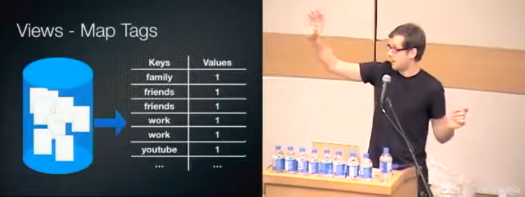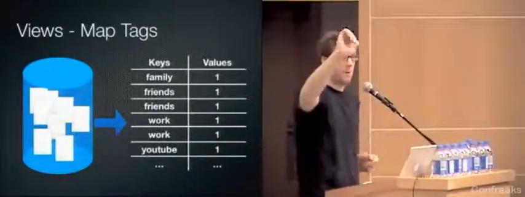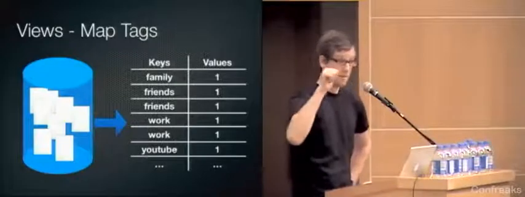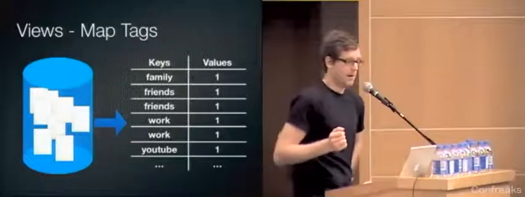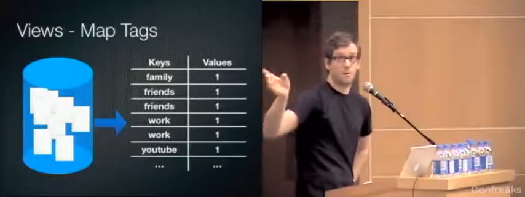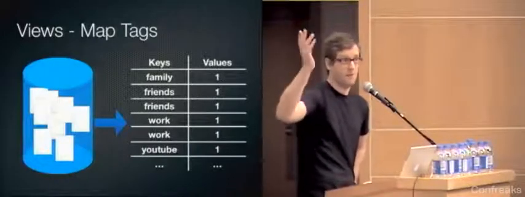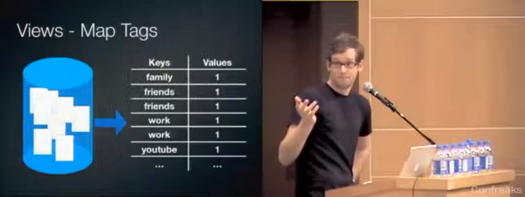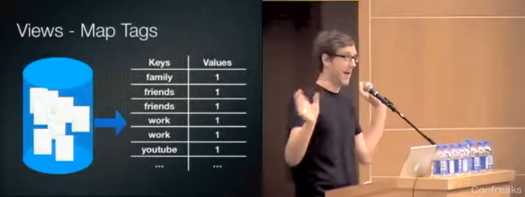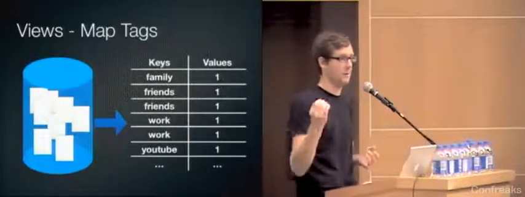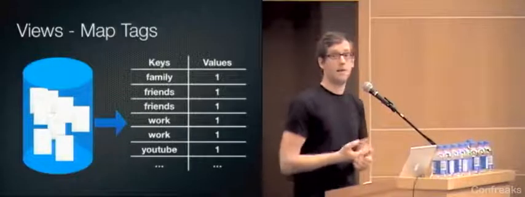We have a database and a set of documents in there, and the first step is the map. What map does is create a list of keys and values. In this case, we have messages, emails, and we tag them. We want to create a nice tag cloud, and for that we need to know how often a single tag occurred in our data.